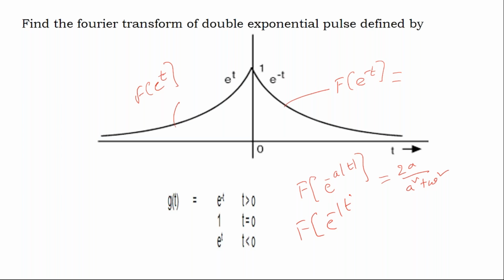So I can write 2 by 1 plus omega square is the answer for this. So that is how you can find the Fourier transform for this. Is it clear to all of you? Here the scaling factor a is 1, so in the place of a, you need to write 1. Is it clear?